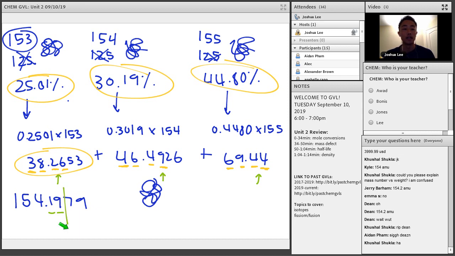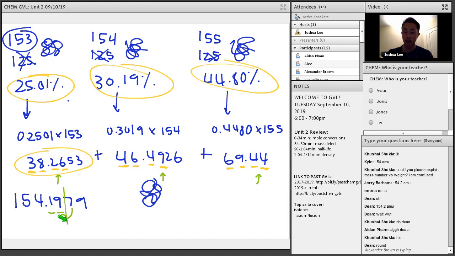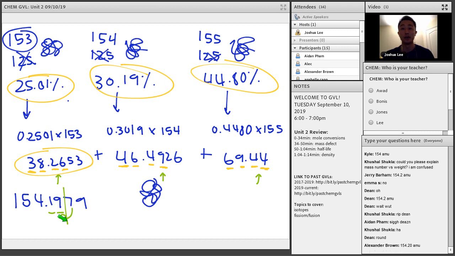Am I going to round this 9 up or keep it a 9? Yeah, you're going to round up, which means the 19 becomes a 20, but you have to keep that 0 in there. So the answer is 154.20. First answer was right, Dean. So AMU. Like that.